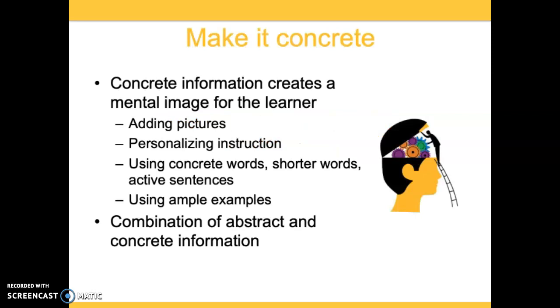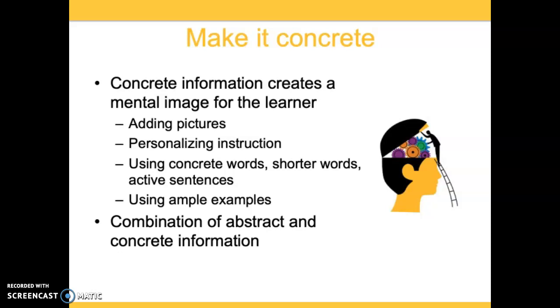Some of the guidelines that we have been given when you're developing instruction: you want to make it concrete. Concrete information creates a mental image for the learners, and it's very important for them. So how can you do that?